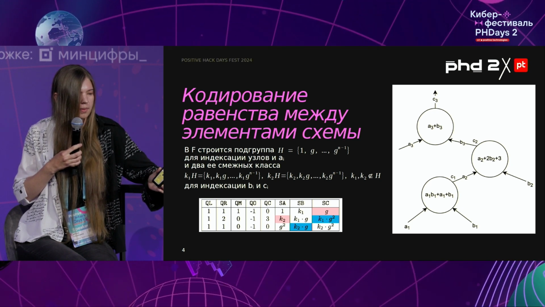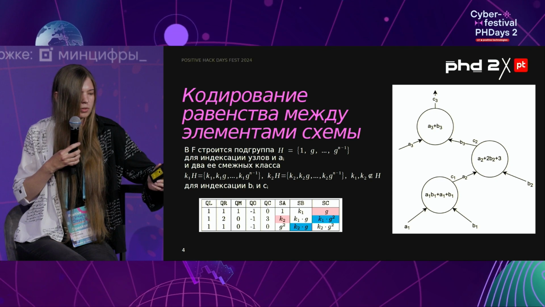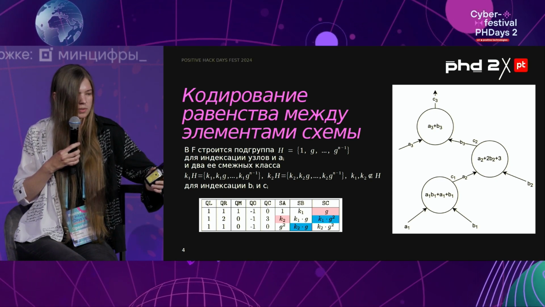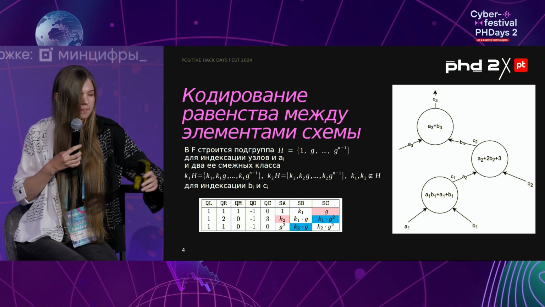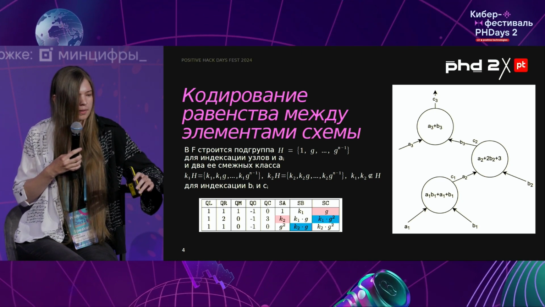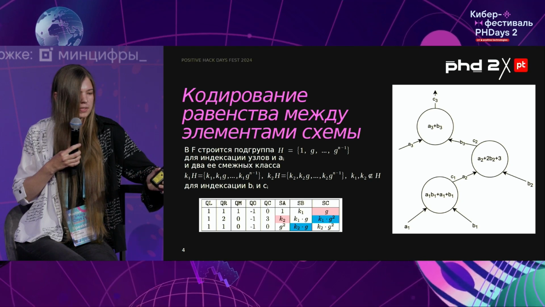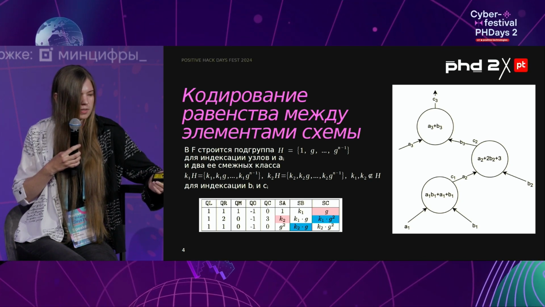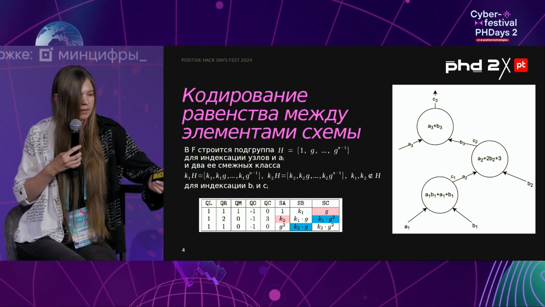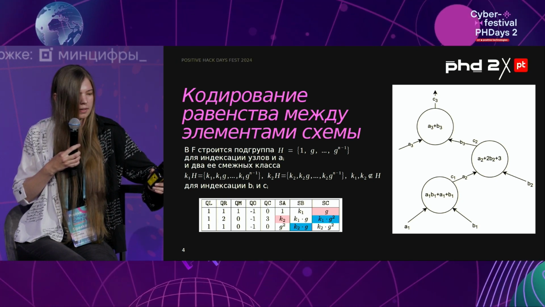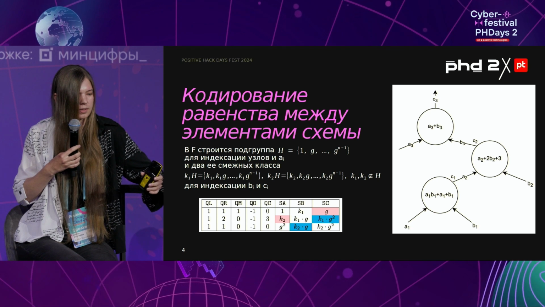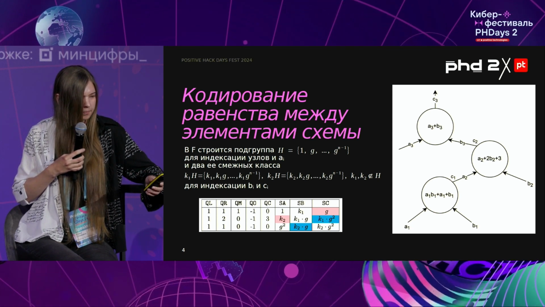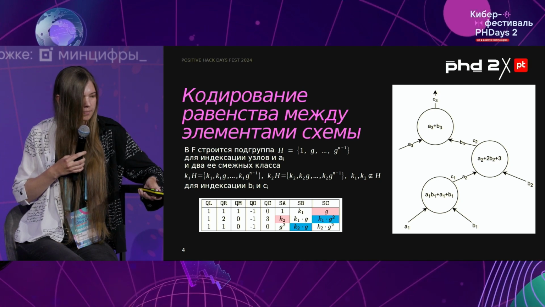And instead of it, there is an element, the first element of the first class. The same occurs when we move the element which is responsible for C2 and the element which is responsible for B3.